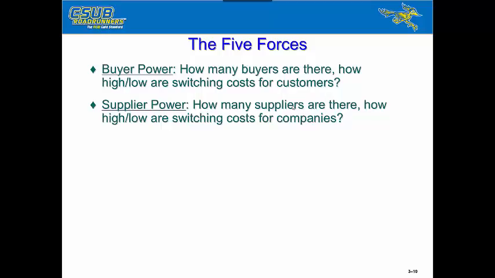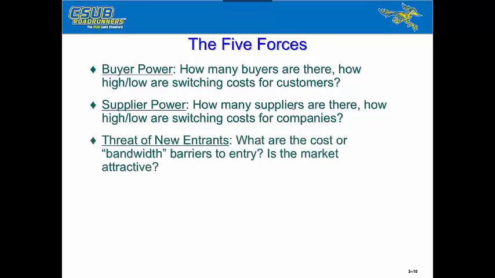But basically, there are far fewer suppliers of components for home or personal computers than there are customers to buy personal computers. So by comparison, suppliers have more power in the home personal computing industry than buyers do.